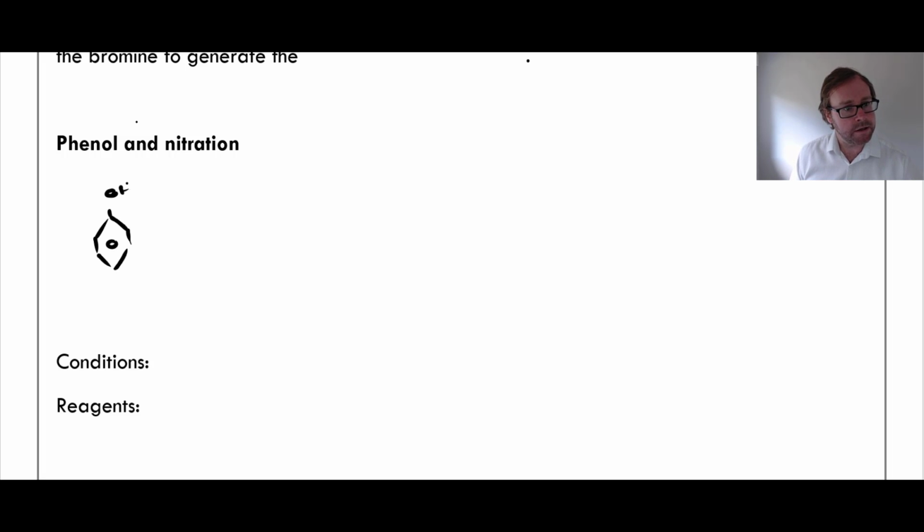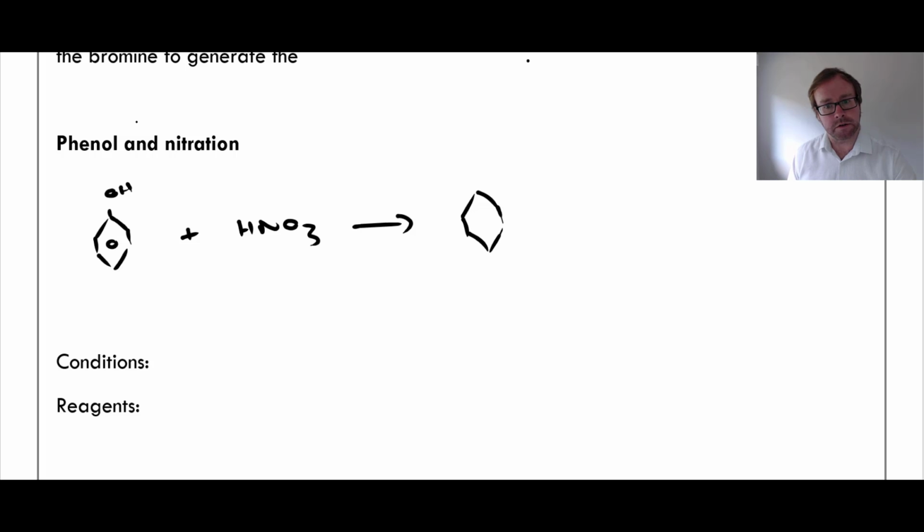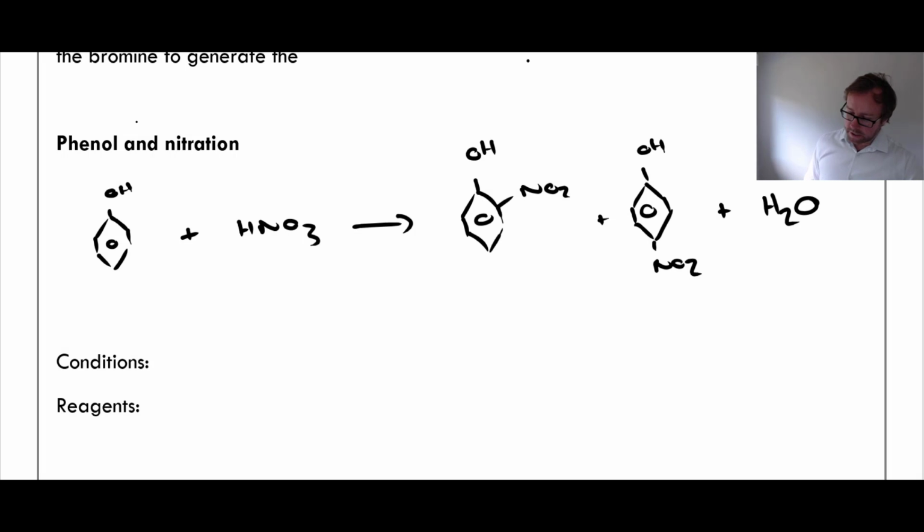Nitration, as you probably know from watching the benzene video, is when we add an NO2 onto the benzene ring. And what we actually get produced is a bit of a mixture of two things. So these two things. Okay, I just want you to have a look at this and see if this is correct.